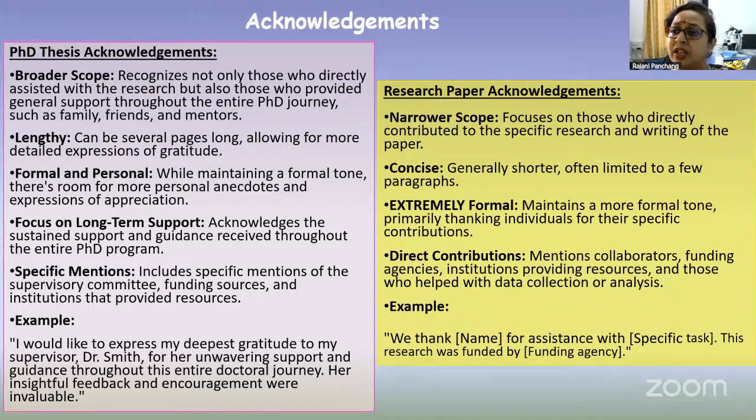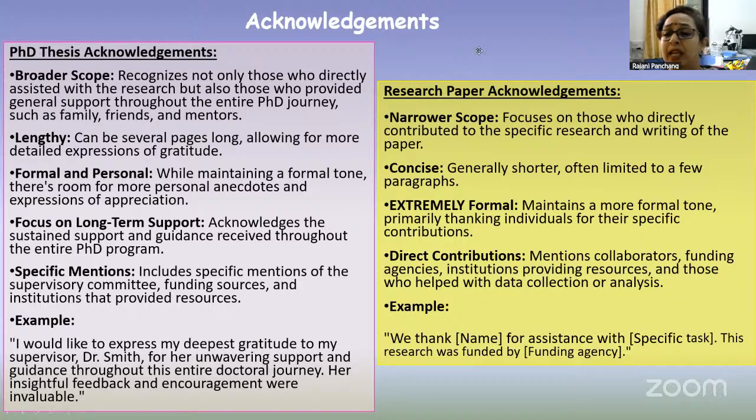Your introduction, in your thesis, you will write for maybe 2 or 3 pages, but in a research paper, it should be completed in 100 words. Your study area in your PhD thesis can be a chapter, but in a paper, it should be as per requirement, 200 words, 300 words.